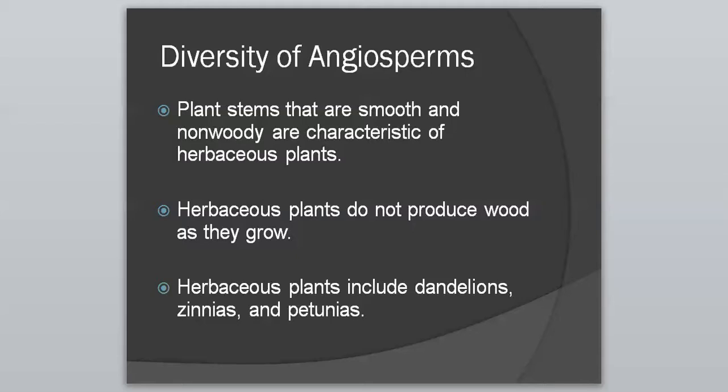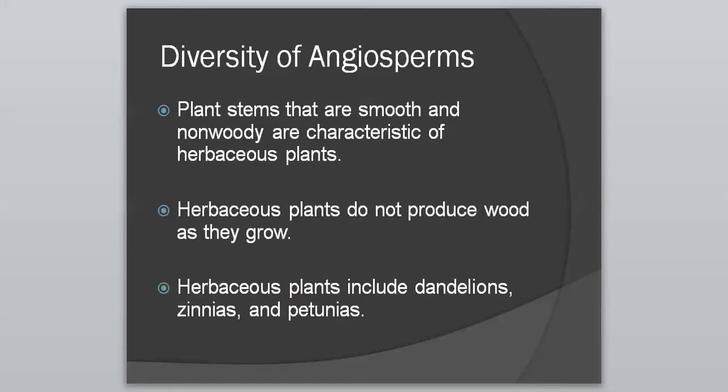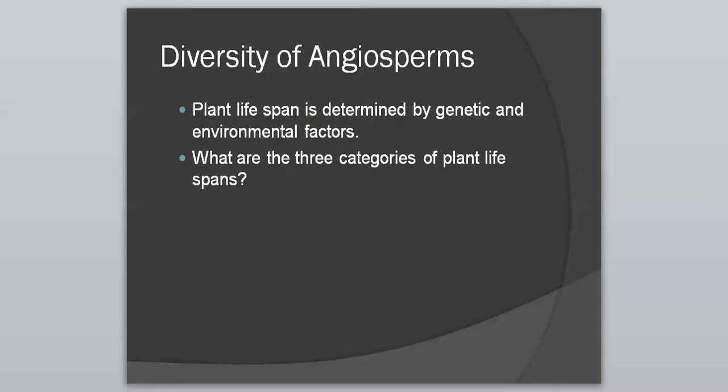Herbaceous plants do not produce wood as they grow. And these include dandelions, zinnias, and petunias. So these are going to be more like the flowers that we have growing in our gardens, whereas the woody plants would be like the trees and the shrubs and the bigger, taller things that are harder to cut down, whereas these are more delicate things.